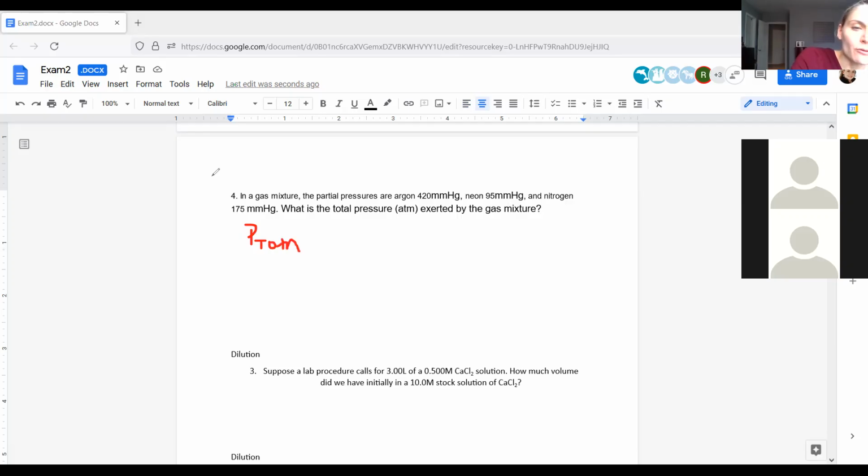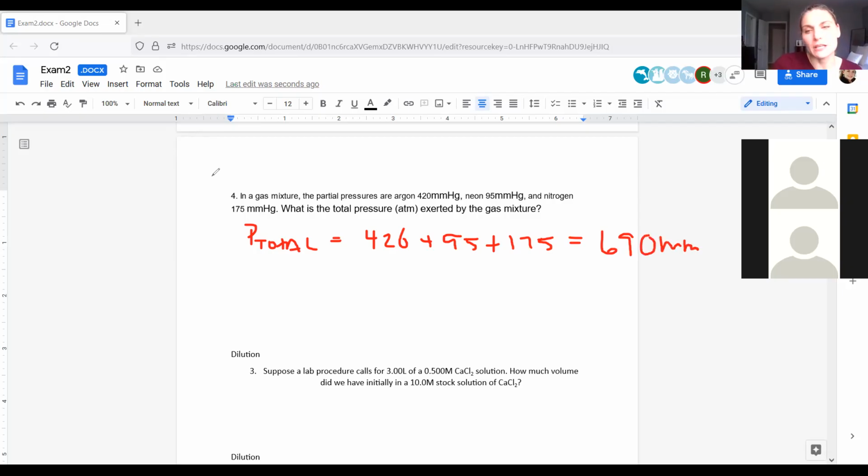So to start off with, all you gotta do is 420 plus 95 plus 175. And if we total that up, what did you guys get in millimeters of mercury? So if you total all these guys up, what do you get? 690. Yep, good, 690 mmHg.